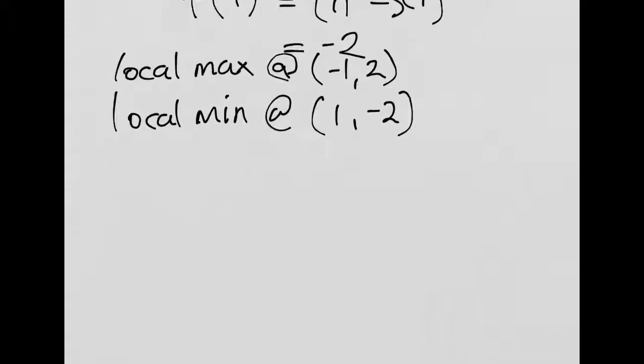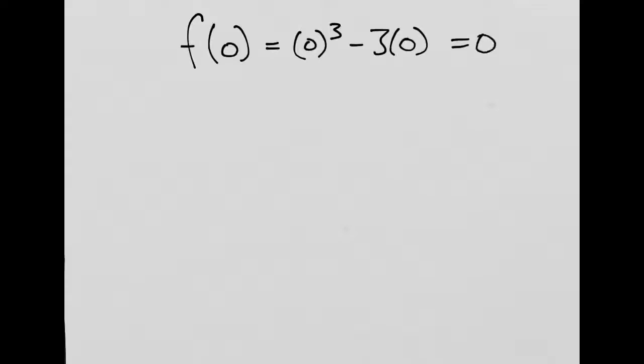Our next step is to find where the graph crosses the x and the y axis. So the graph crosses the y axis when x equals 0. So putting that in gets us 0 cubed minus 3 times 0, which is going to equal 0.